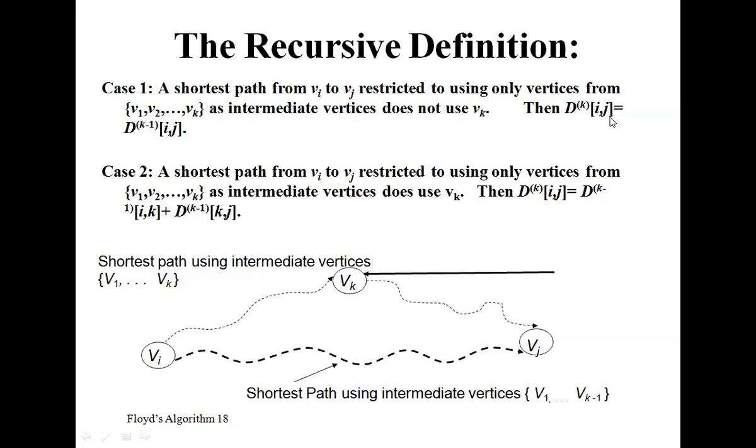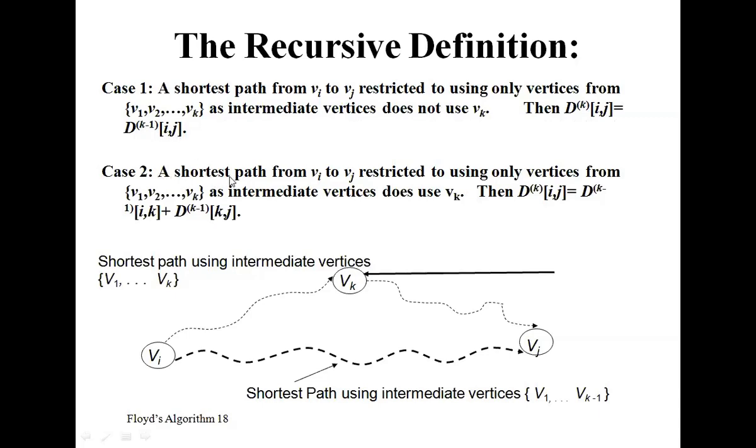Then dk of i comma j is equal to dk minus 1 of i comma j.